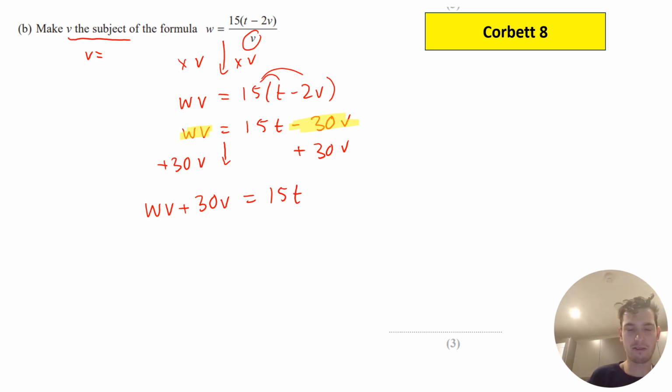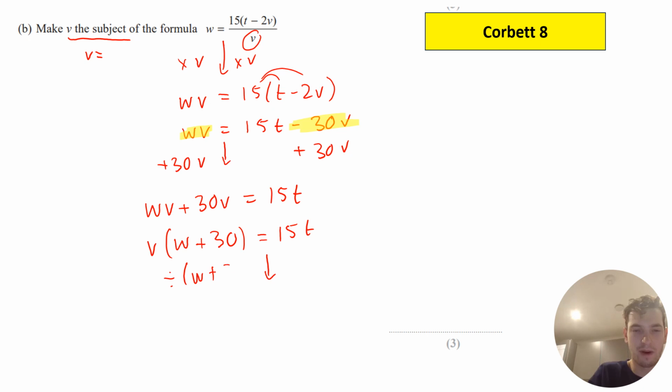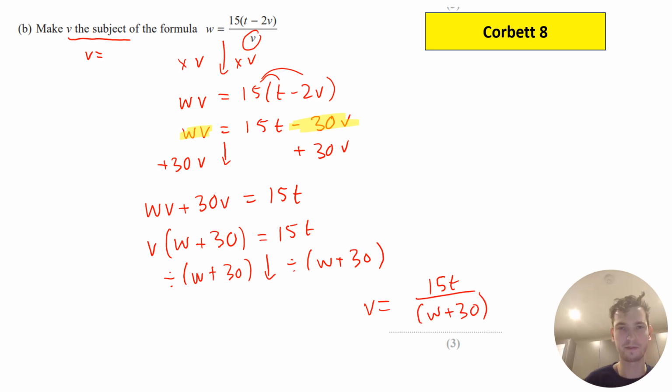And then I'm going to factorize out the V. So V, open brackets, W plus 30. And then final step, I'm going to divide by what's inside the brackets on both sides. So I can write that straight onto my answer line. V equals 15t over W plus 30.